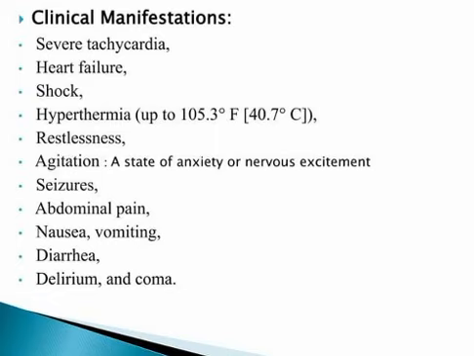Next will be restlessness, agitation. Agitation is a state of anxiety or nervous excitement. Along with this there will be prolonged seizures, abdominal pain, nausea, vomiting, diarrhea, delirium, and the severity of the stage may lead to coma. So these are the clinical manifestations related to hyperthyroidism.